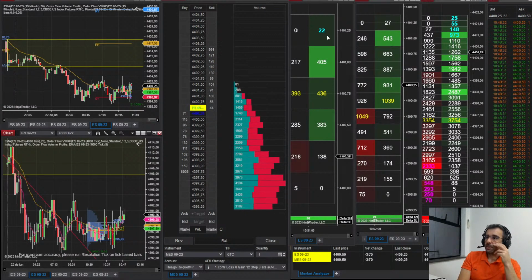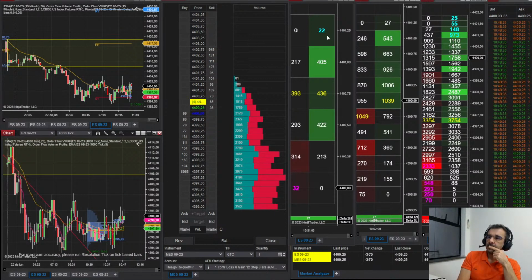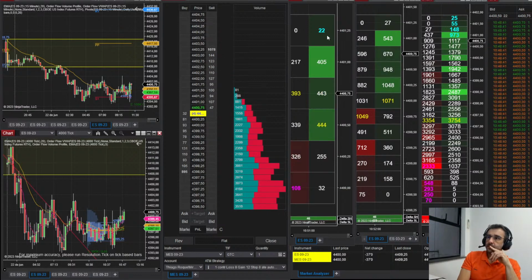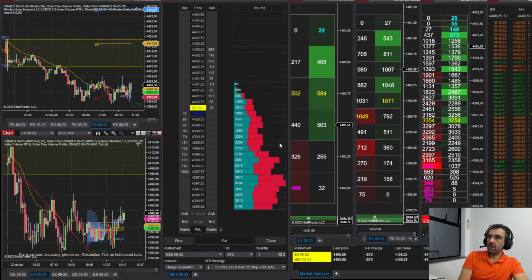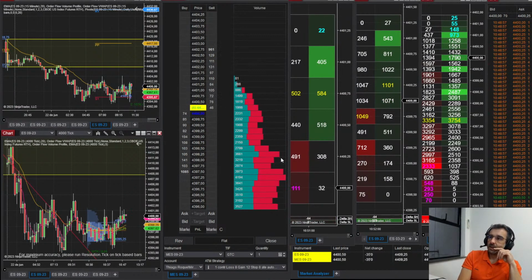Buyers would need to be much more aggressive to push prices. At the same time, let's see which will be the level until where sellers will be willing to sell. Okay, we're seeing buyers here and sellers. For sellers, 4,400 here is a good region. They are interested in selling there.